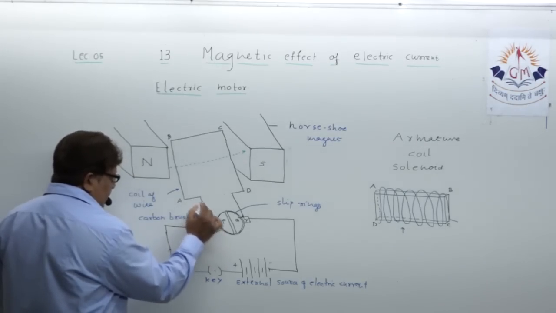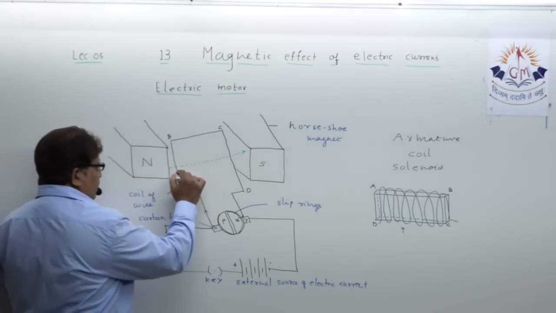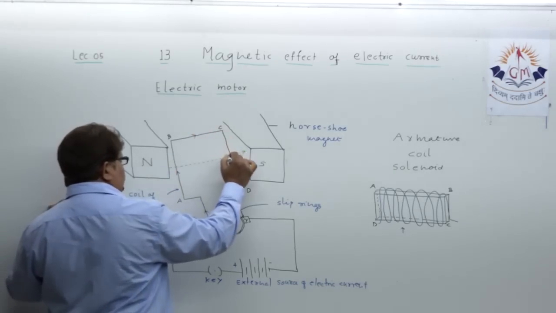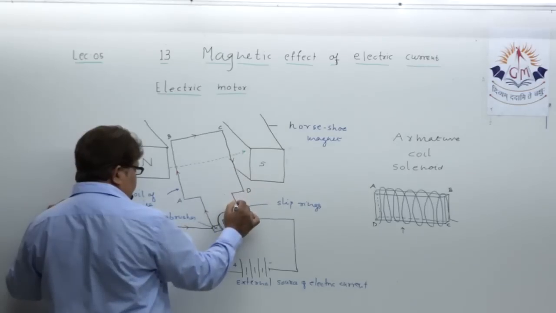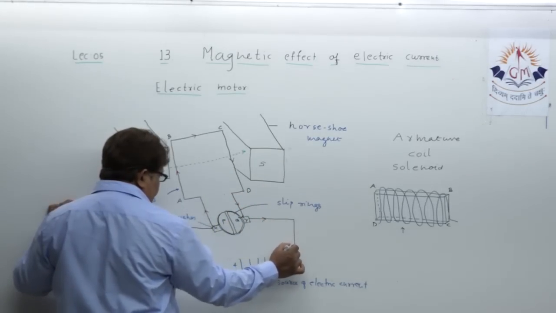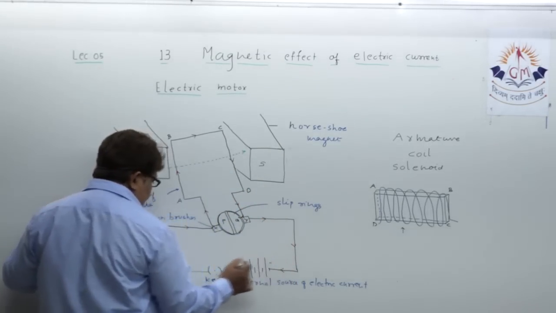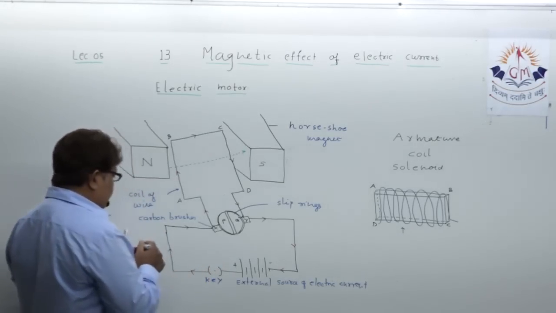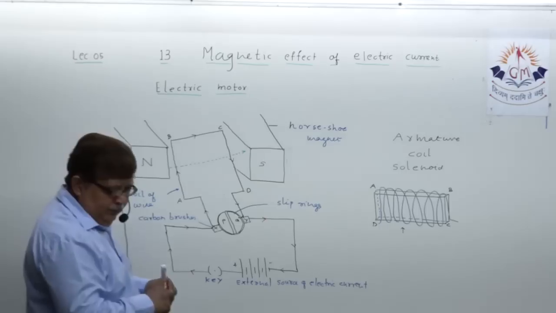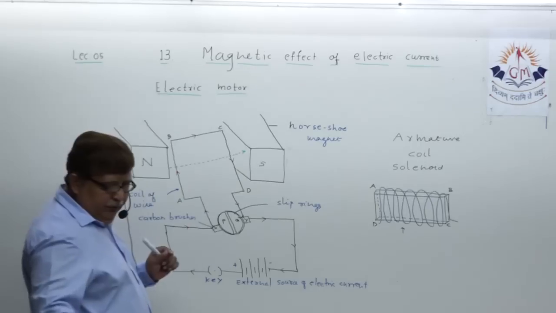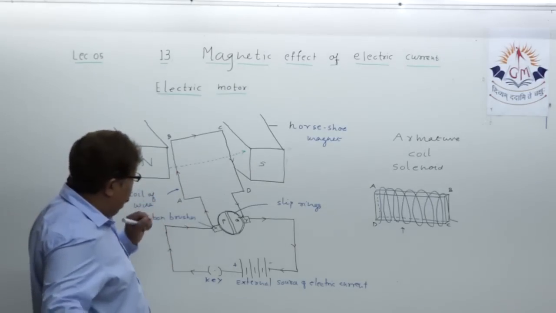Okay, this is what I am showing, the direction of electric current which will flow in the circuit. Now dear student, try to understand the direction of electric current.